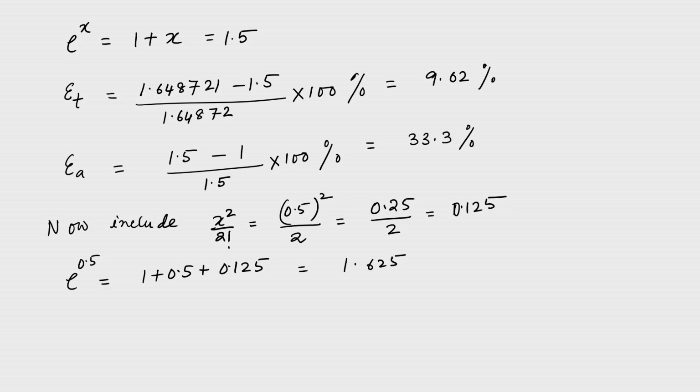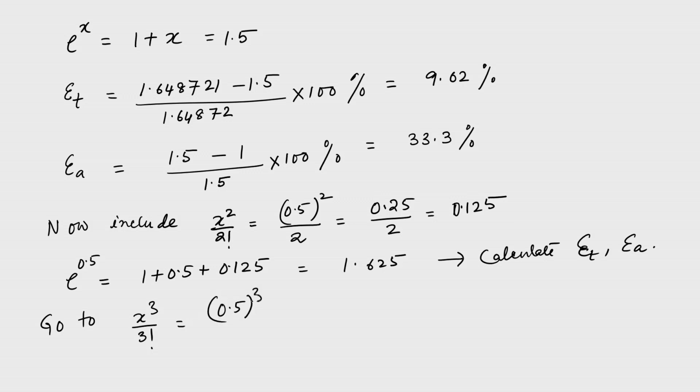and also the approximate relative error, and these can be calculated in percent. So, calculate epsilon t and epsilon a, then of course go to x cube by 3 factorial, which is nothing but 0.5 whole cube by 6, and then you add it to this term.